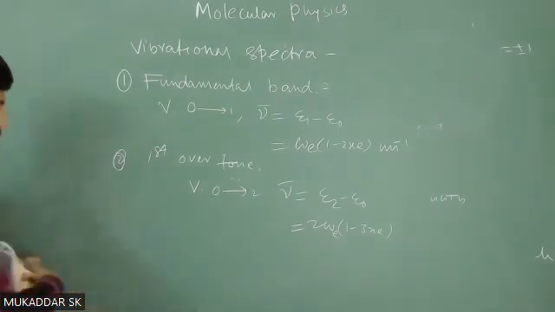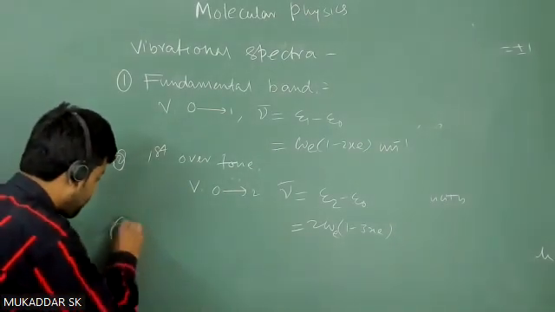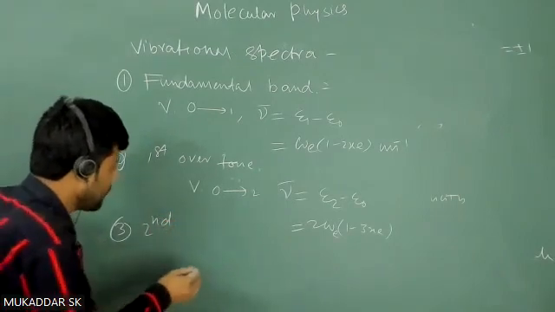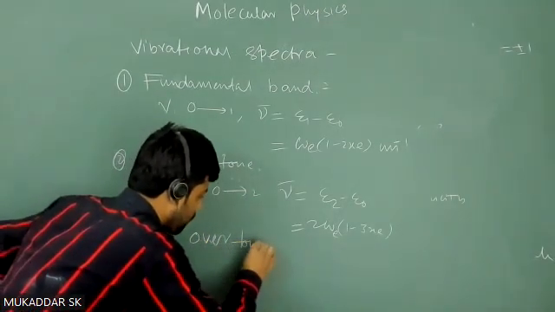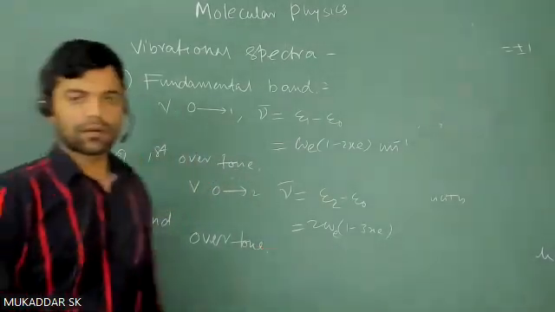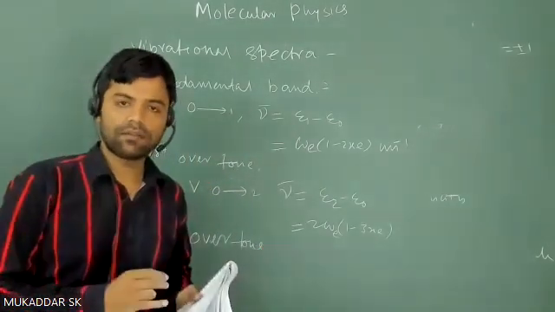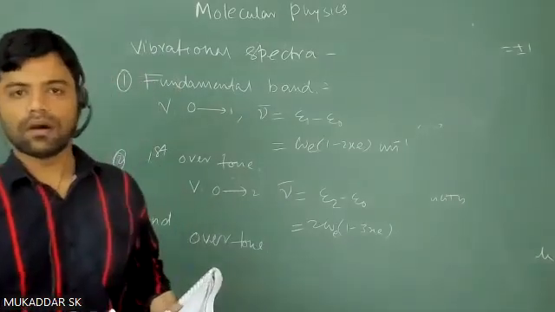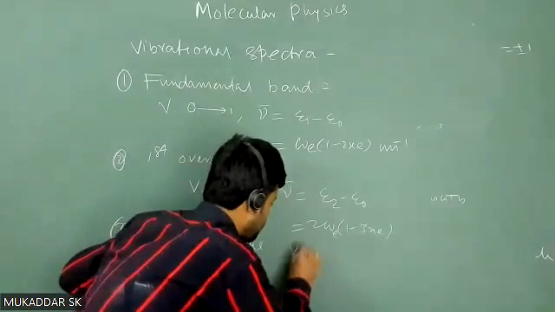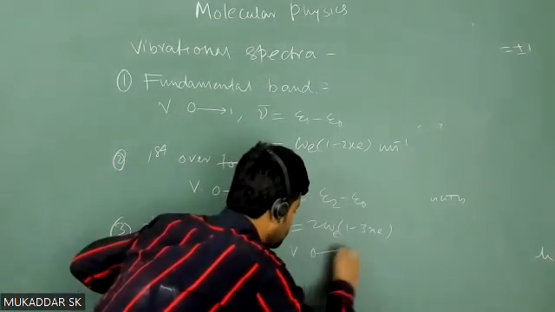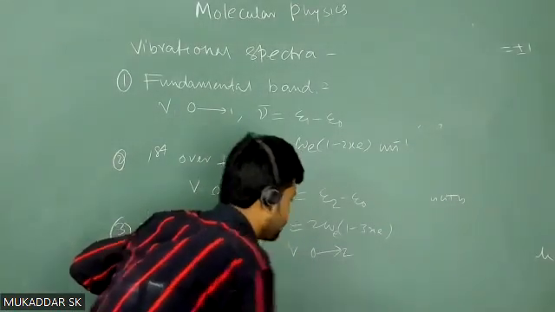Next, you have the second overtone. This second overtone is observed when there is a vibrational transition from the ground state to the second excited state, which means the transition from v equals 0, the ground state, to v equals 3.